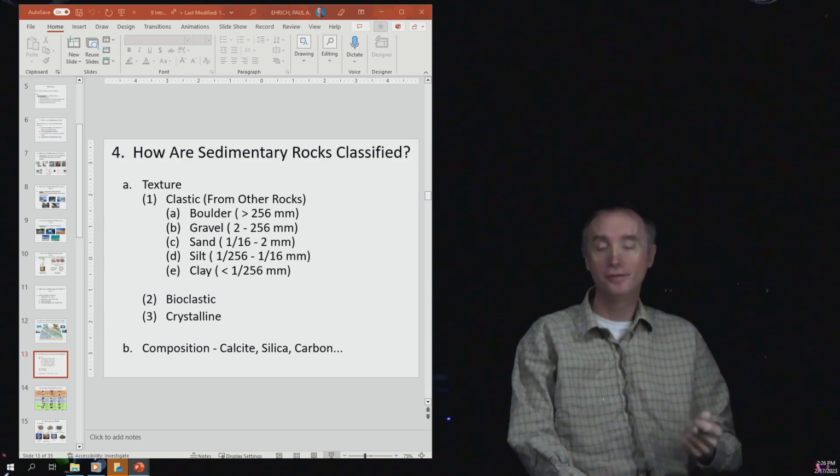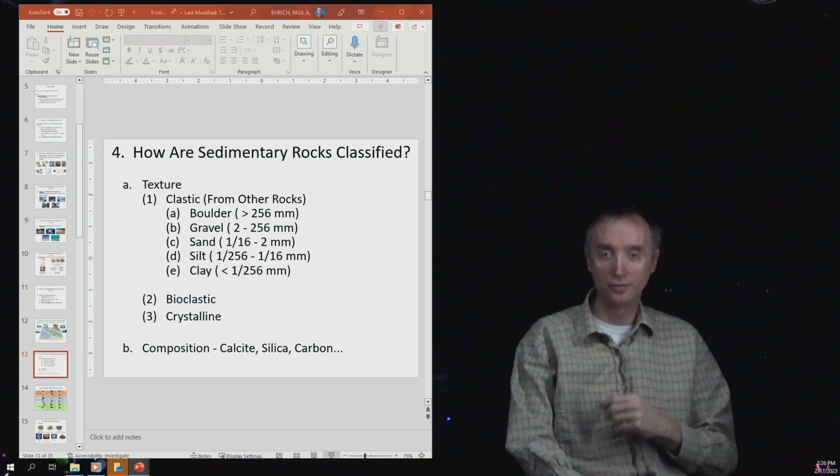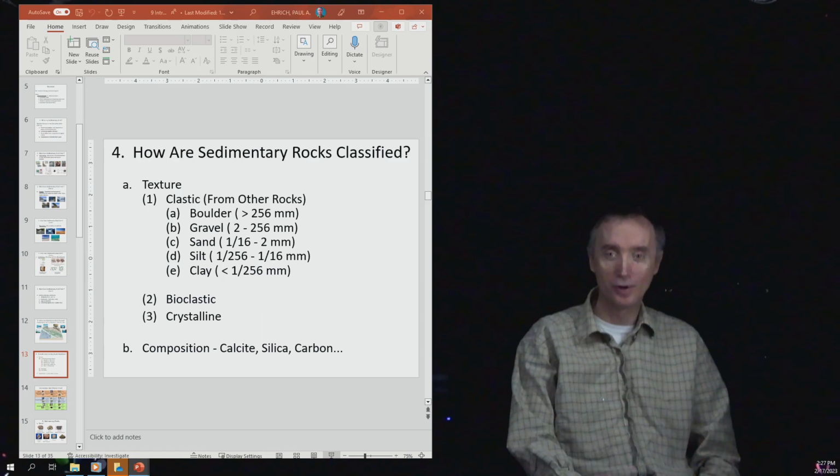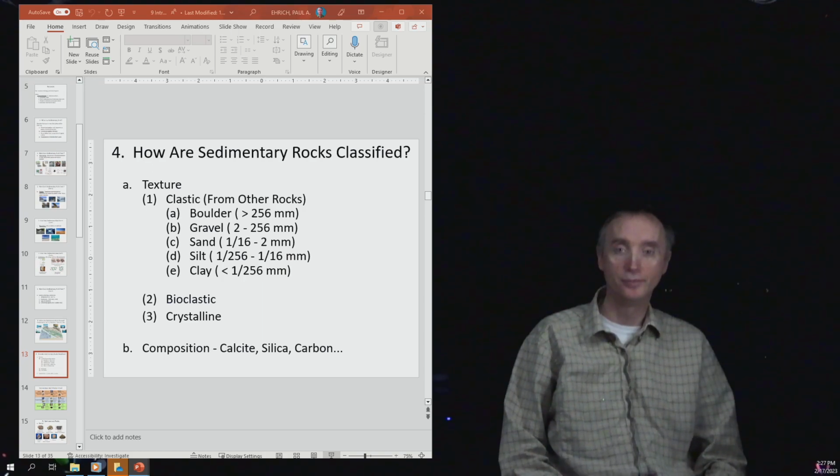On the other hand, if you try that with clay, clay particles are so small that you would not be able to notice any grittiness. So if you're an old-time geologist, that was one of the ways that they would tell the difference between a siltstone and a claystone. I don't know how their teeth are today, but anyway, that was one way that they could do it.